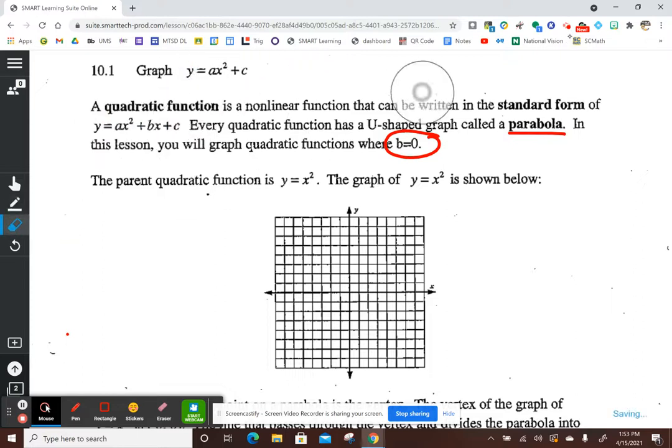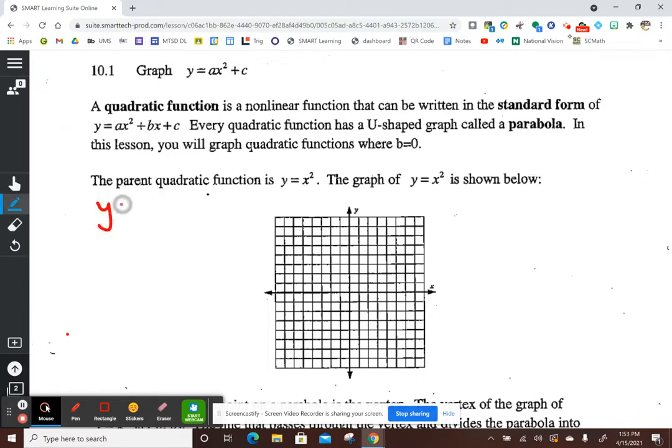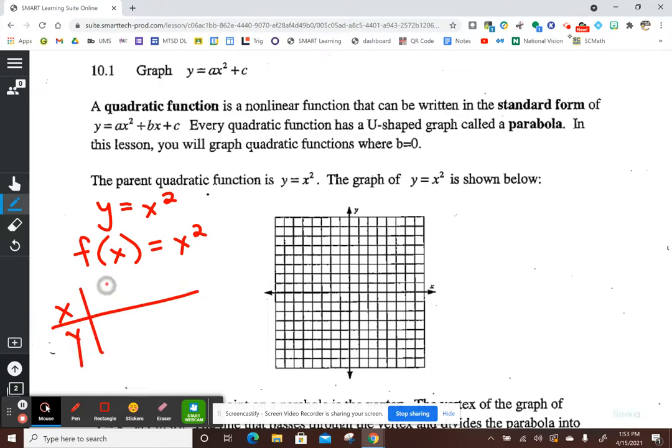So first, I'm going to graph for you the parent quadratic function. The parent quadratic function is y equals x squared, or it's f of x equals x squared. Okay, now to graph this, we're going to make a table. And we are going to choose a domain. And from that chosen domain, we're going to derive the range.